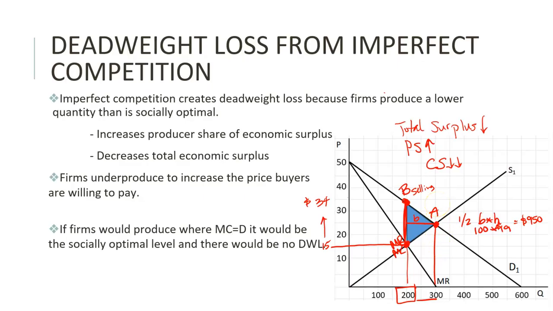So consumer surplus actually drops by more than $950, which we will get into a little bit later. If you want to calculate the change in consumer surplus, you can see how it drops more than $950. So total surplus goes down by $950. Consumer surplus is going to go down by more than $950. And that is to compensate for the fact that producer surplus is going up.